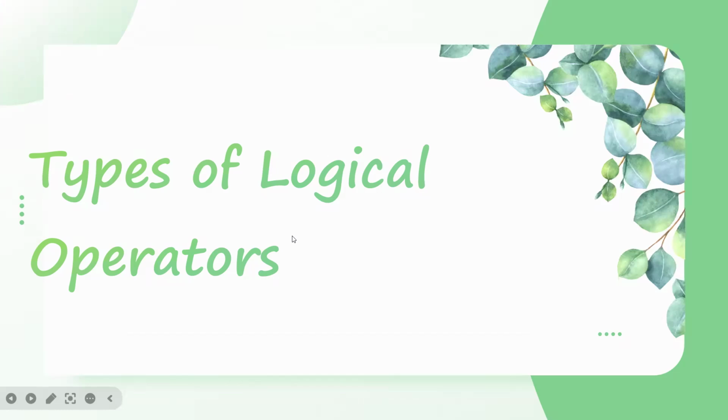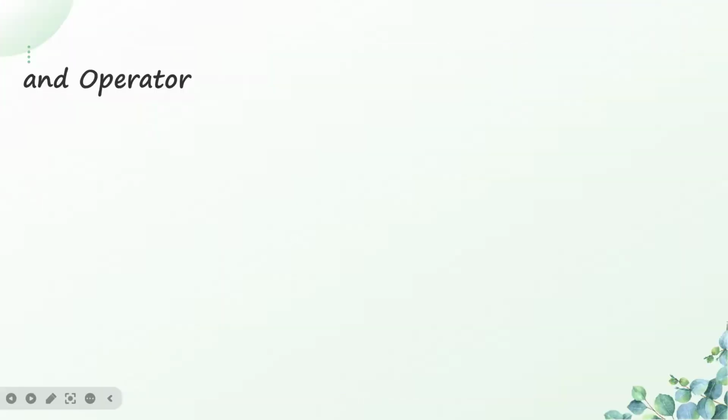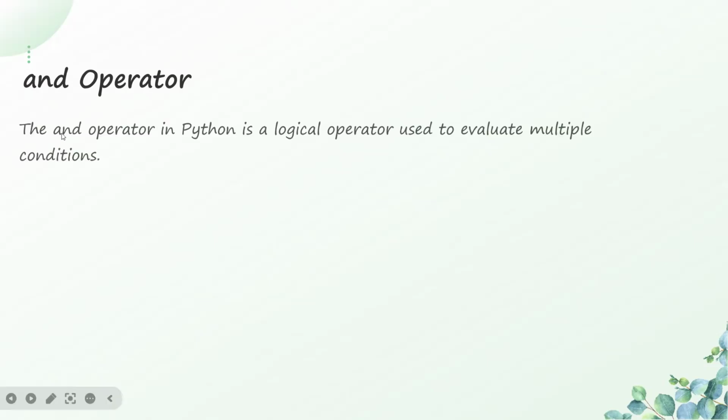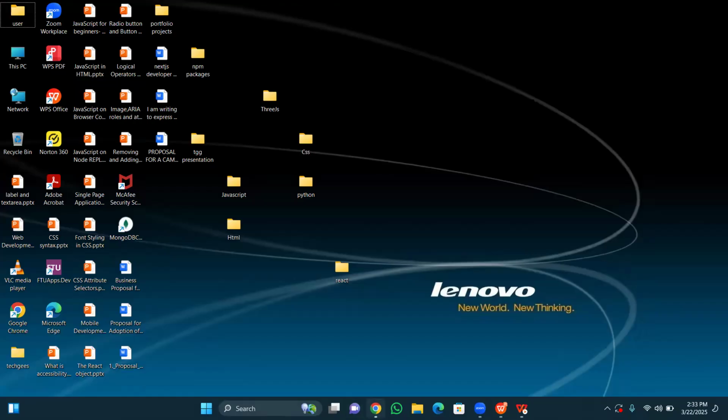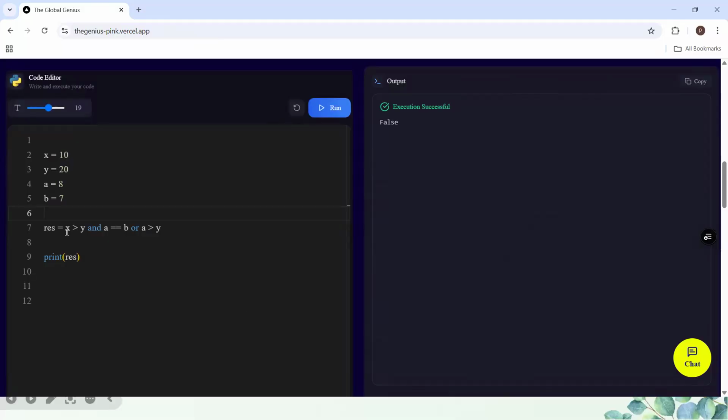So let's take a look at the types of logical operators. The first one we have is the AND operator. That is how you write it. The AND operator in Python is a logical operator used to evaluate multiple conditions, meaning more than one condition. What we have here is this and this.